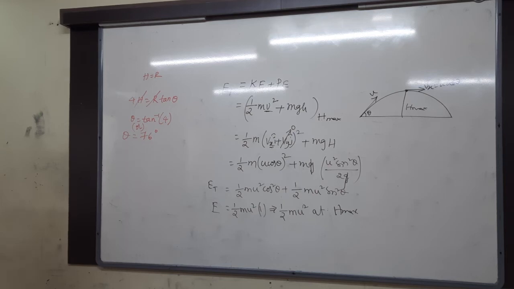I am asking h1 plus h2 is what? Two complementary angles I said. Complementary angles are nothing but, first one you have to take as theta and then the next one is 90 minus theta. Very good. Very good, ma.